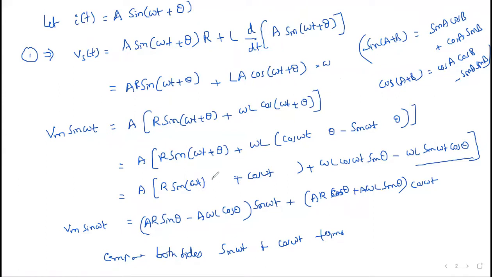So sin A cos B, here cos A sin B, here cos A cos B, sin A sin B, right? Then here also cos, here it is sin. Okay, then here it is cos theta, here it is cos, here it is sin.